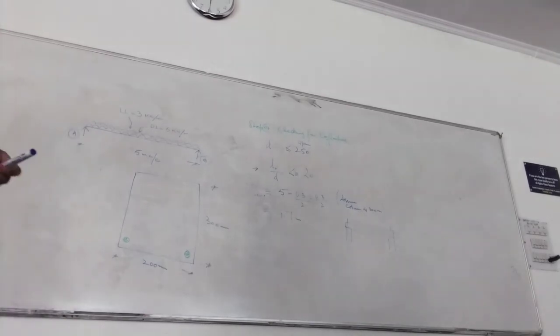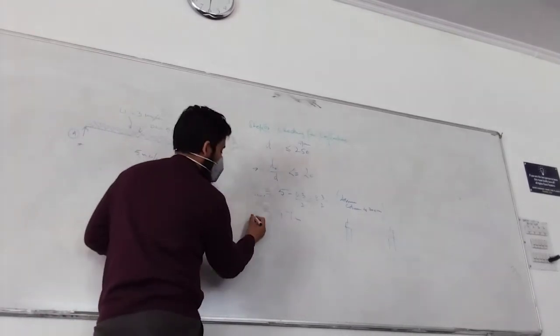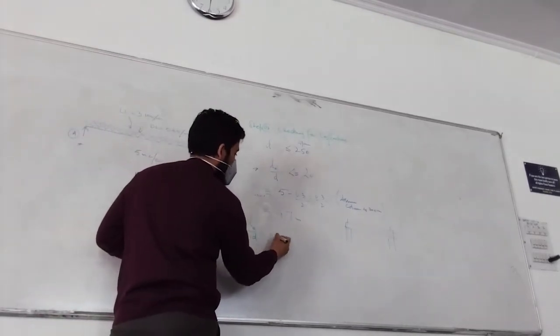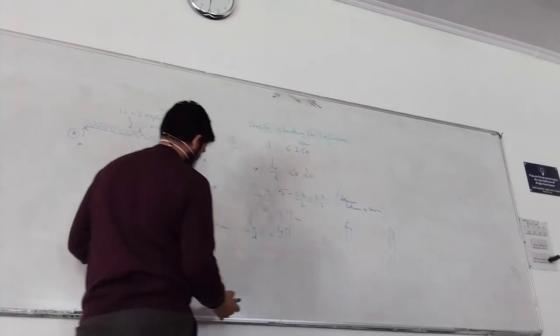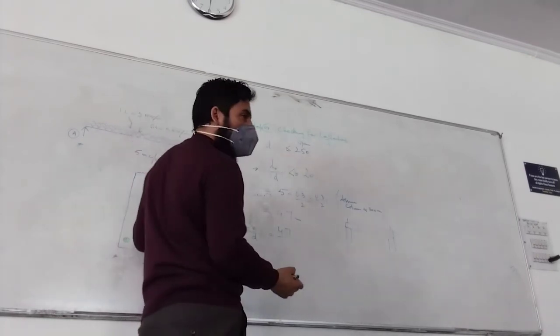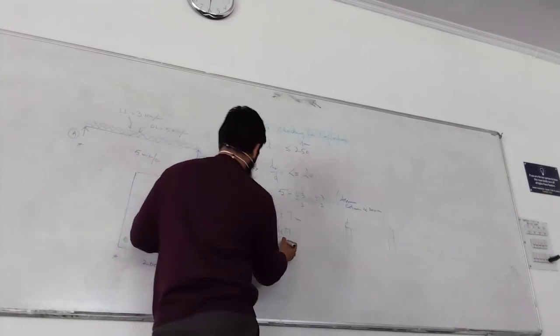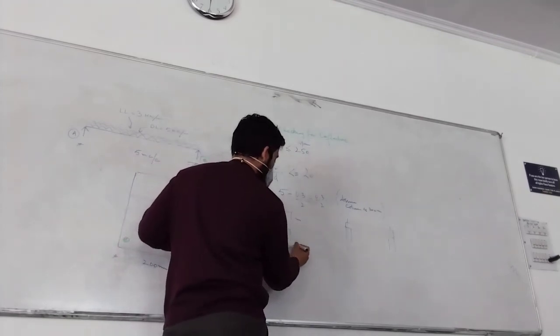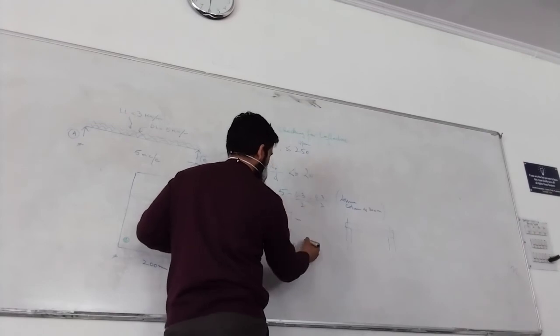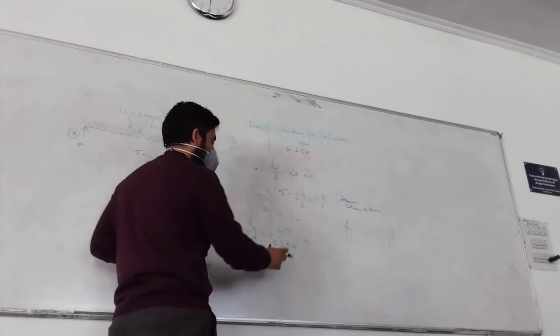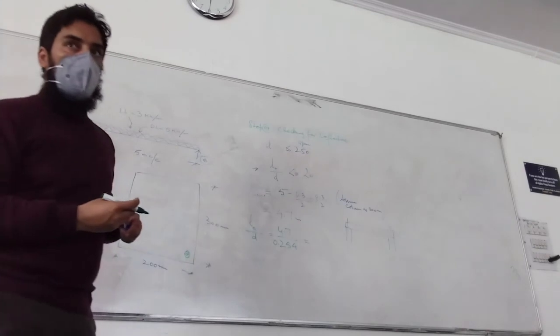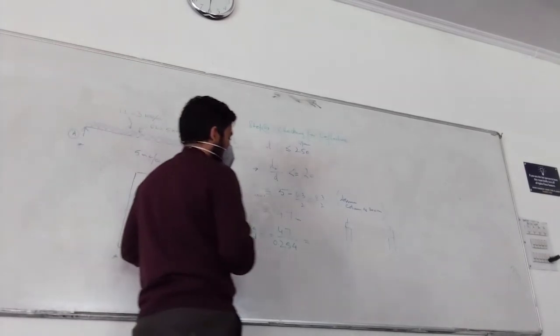Thereby Lc by D now will be 4.7 divided by D. कितना आ रहा था हमारा D अभी इफेक्टिव? 254. So it will be 0.254 in meters. 18.5.